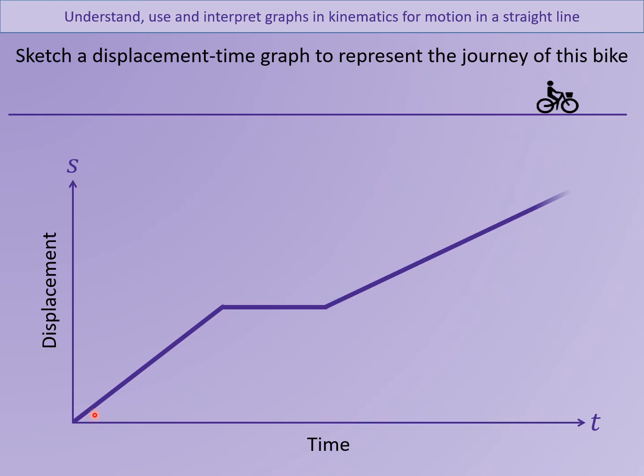So we can see that there were two sections where the bike was moving, this section here and this section here, and there was a section in the middle where the bike stopped, and at this point the gradient was zero because the displacement was not increasing or decreasing.